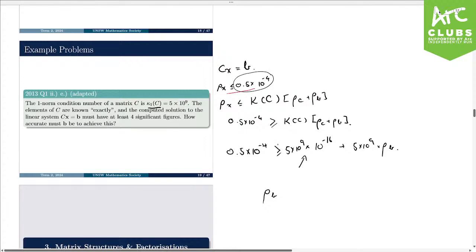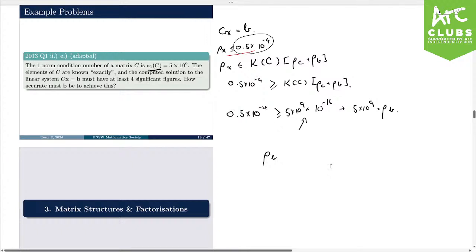Yes, so we want it to be this way, so we have an upper bound for the error. So rho of b should be less than 2.5 times 10 to the minus 4 over 5 times 10 to the 9.